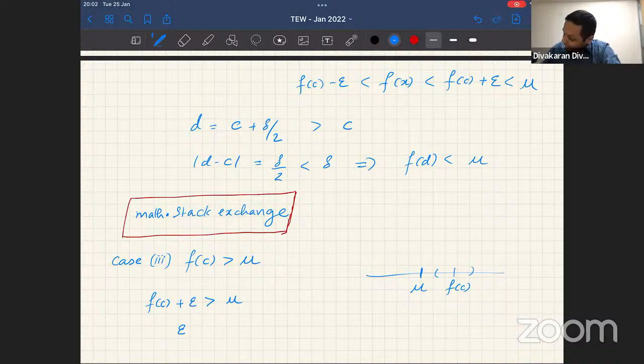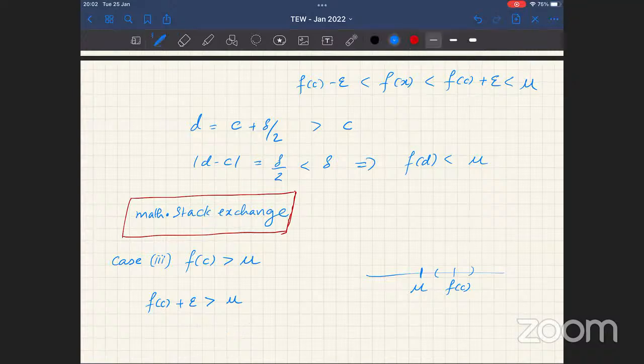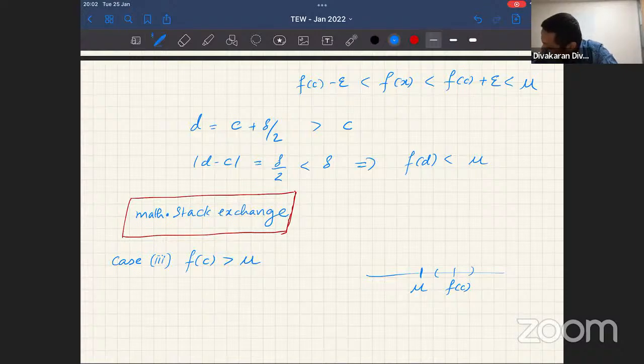Oh no, sorry, there's some issue here. f of c minus epsilon should be greater than mu. Yes, you are right. This is f of c minus epsilon. This is f of c plus epsilon.